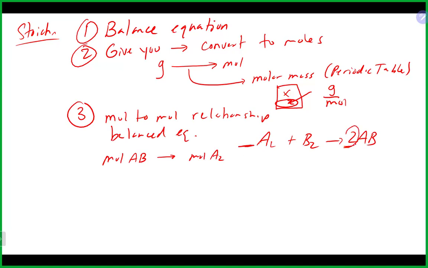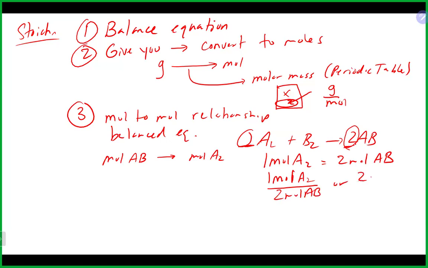From this equation, that would say for every 1 mole of A2, you get 2 moles of AB. Remember, that gives you basically 2 conversion factors that you could use, and they're just like any other conversion factors, fractions. Or you could flip it around the other way, depending on whichever way you need to use it.